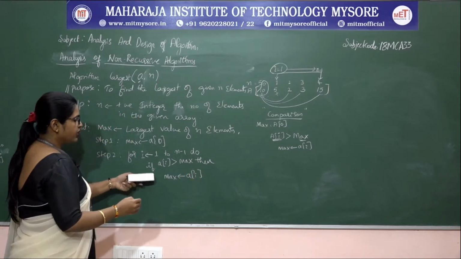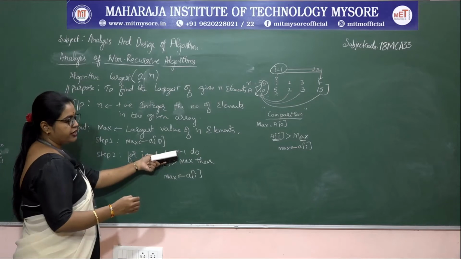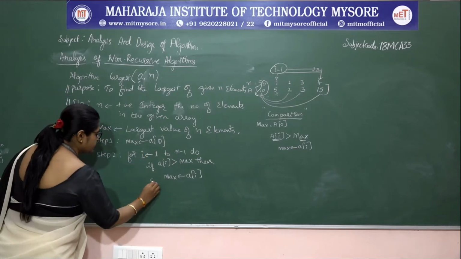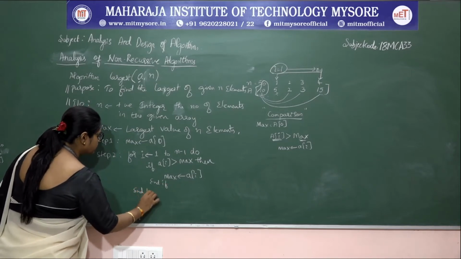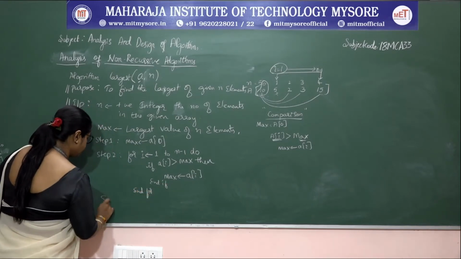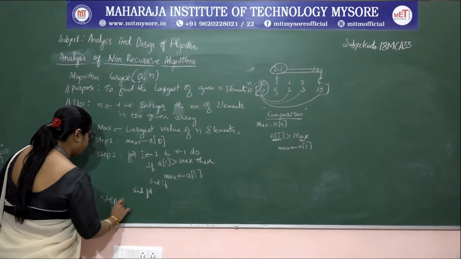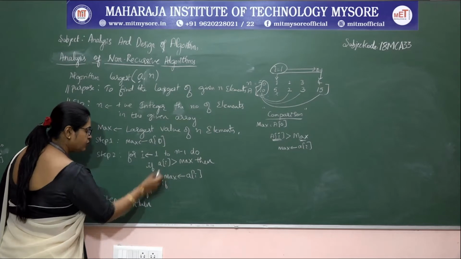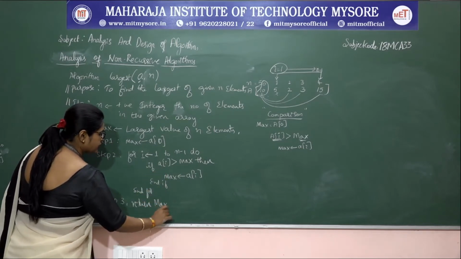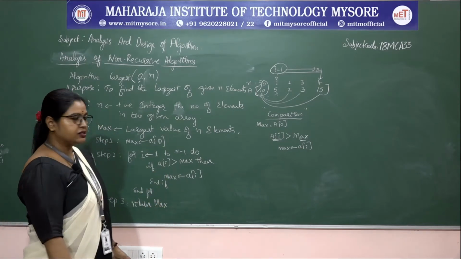So this process will continue until it reaches the end of the array. So this is end if, this is end for, and then at step 3 return the largest value. What is the largest value? That is max. In the max we will be having the largest value.